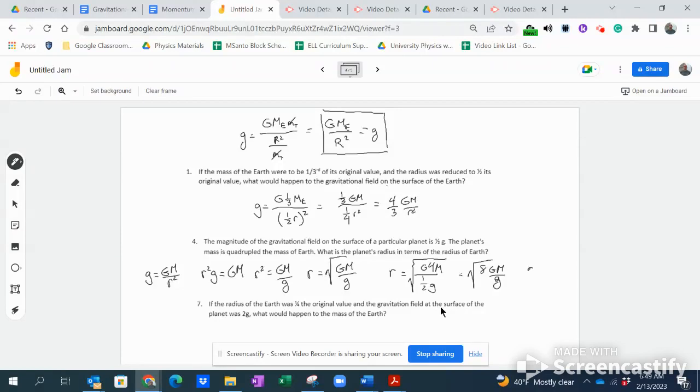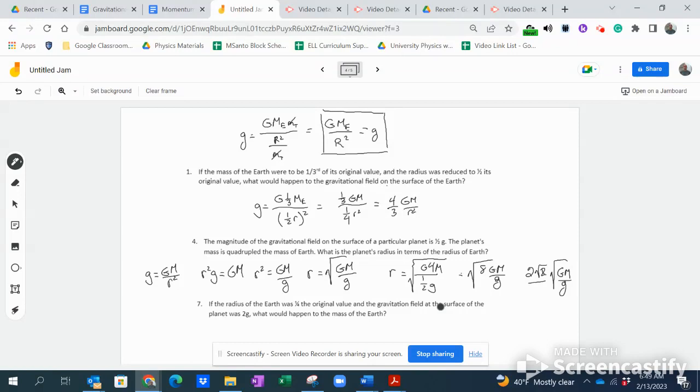The square root of 8 is going to be 2 radical 2 times radical GM over g. So the radius of the Earth is going to be 2 radical 2 times the size of the original.